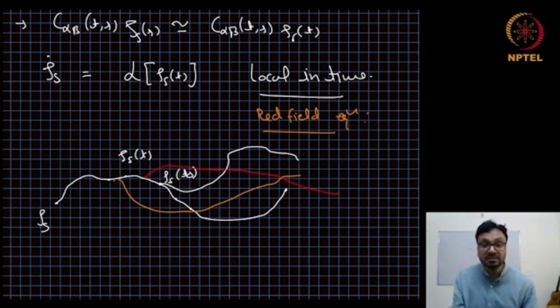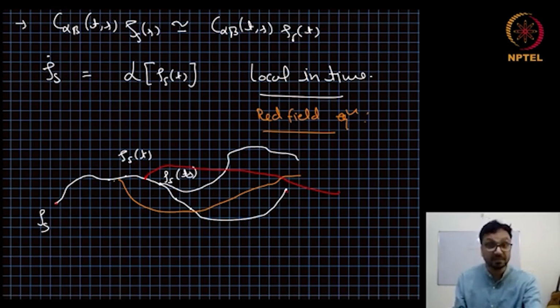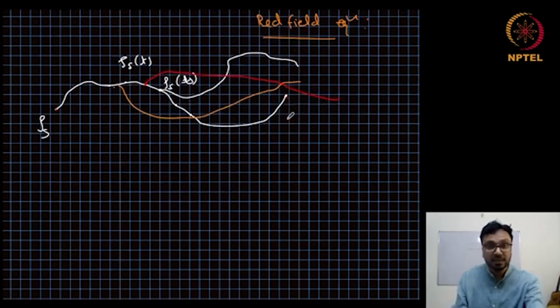So the future dynamics of the quantum system depends on the history of the state. If we start from here, we will get the original dynamics. If we start from somewhere else, we will end up getting some entirely different state. It is possible in the Redfield equation.